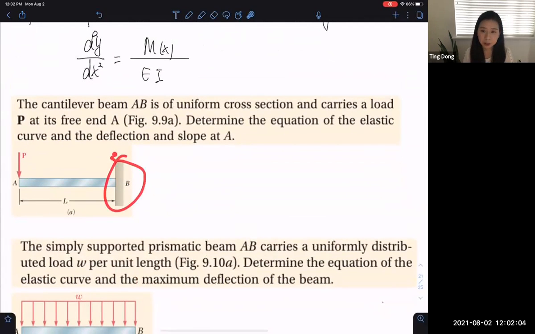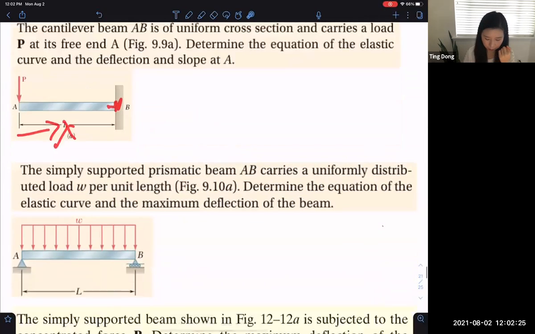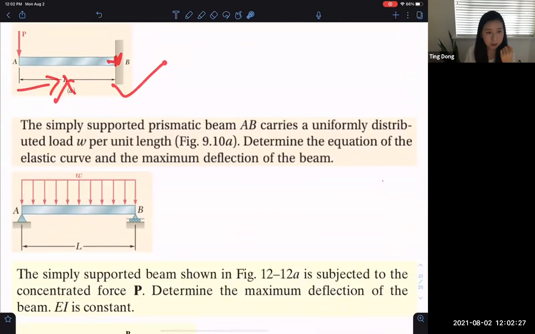the two boundary conditions can be, let's say, if we define this as the x-axis, then at this point, which is x equal to L, the rotation is 0, the slope is 0, and the deflection is 0. This is a clamped or fixed boundary condition.